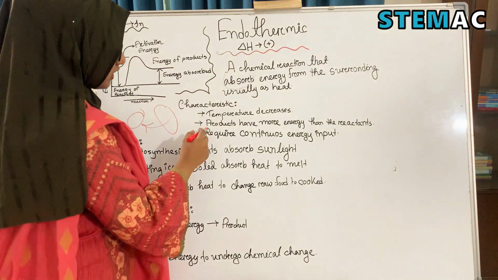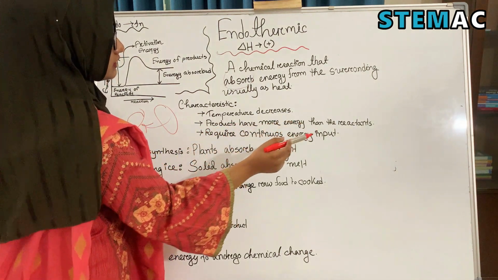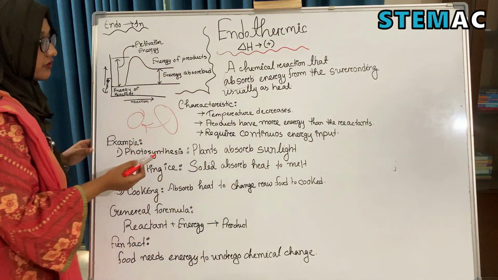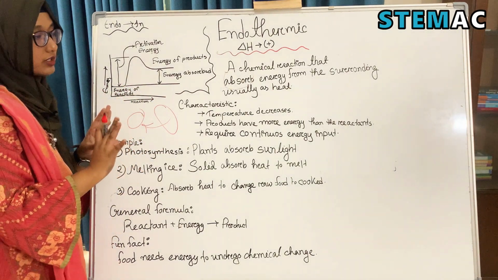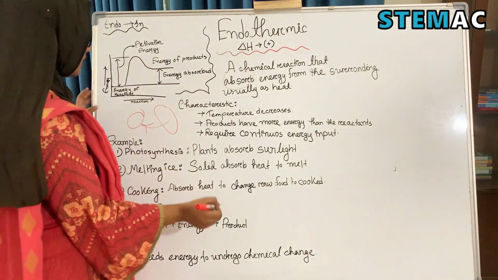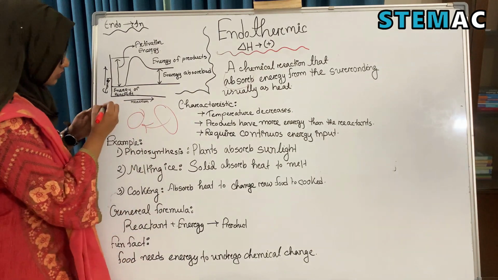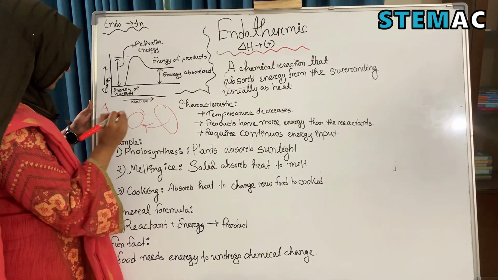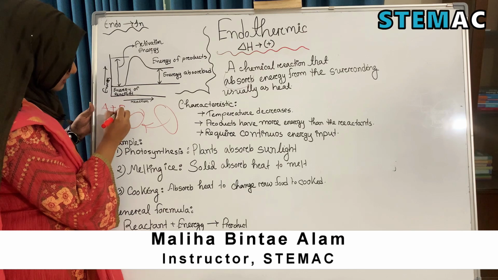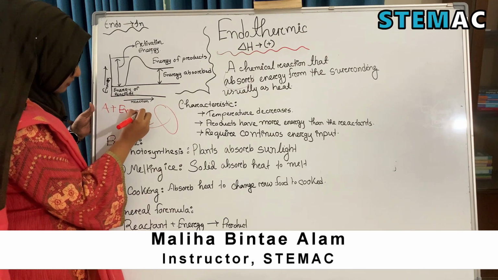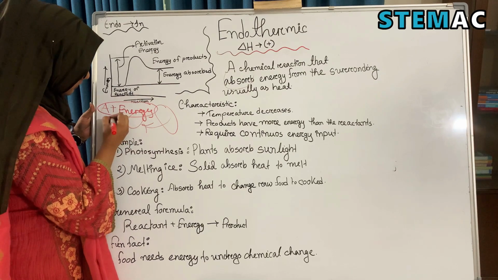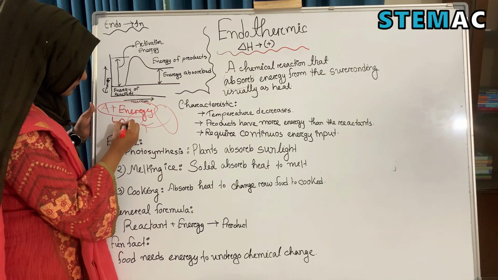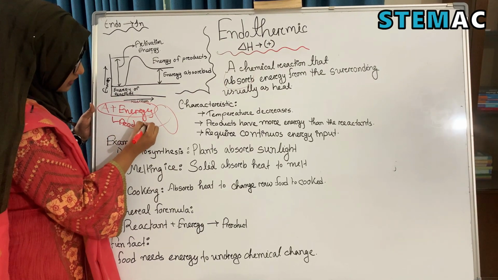So the same idea, products have more energy than the reactants, so through the use of reactants the product happens. So in this case, A plus that energy gets absorbed here. As the energy is absorbed, the product is produced, that's why the product has more energy in that case.